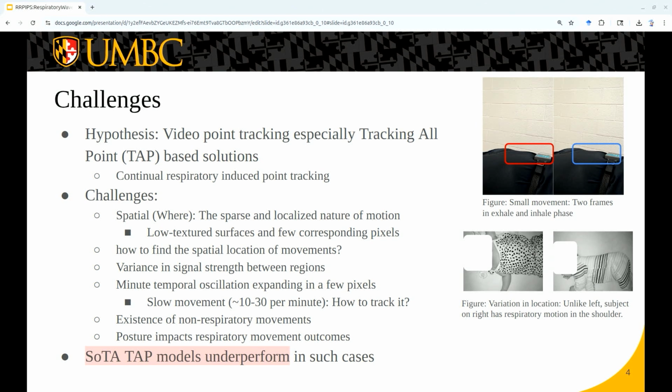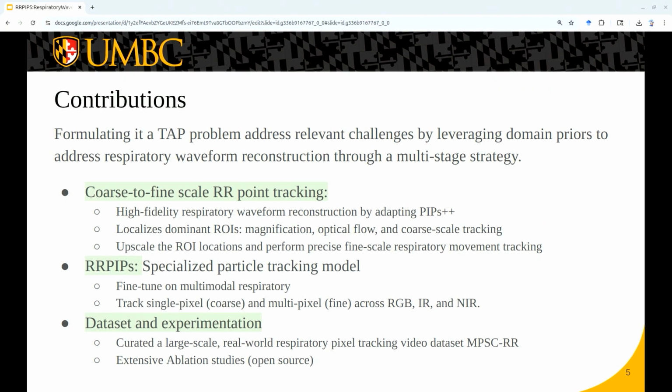Signal strength is typically about 5 pixels for a camera about 10 feet away, and the respiratory cycle is really slow relative to a 30 fps camera, typically 10 to 30 cycles per minute. Directly using existing TAP methods underperforms, as we have experimented with multiple existing TAP settings.